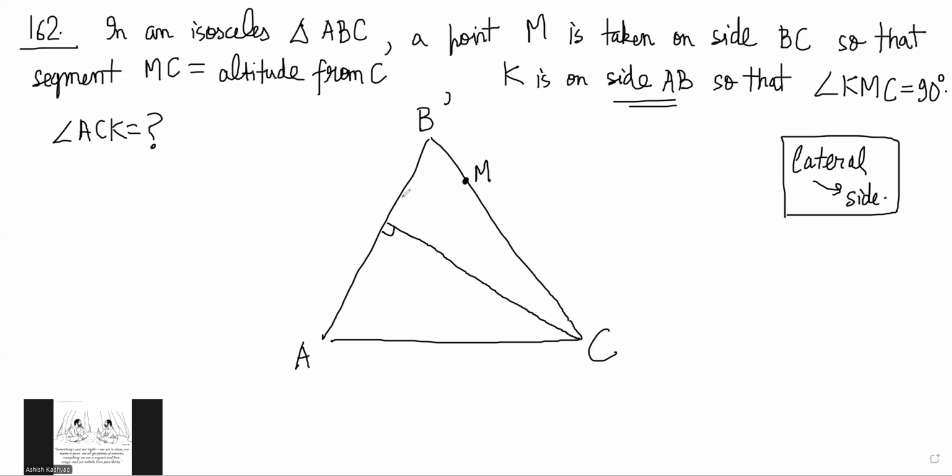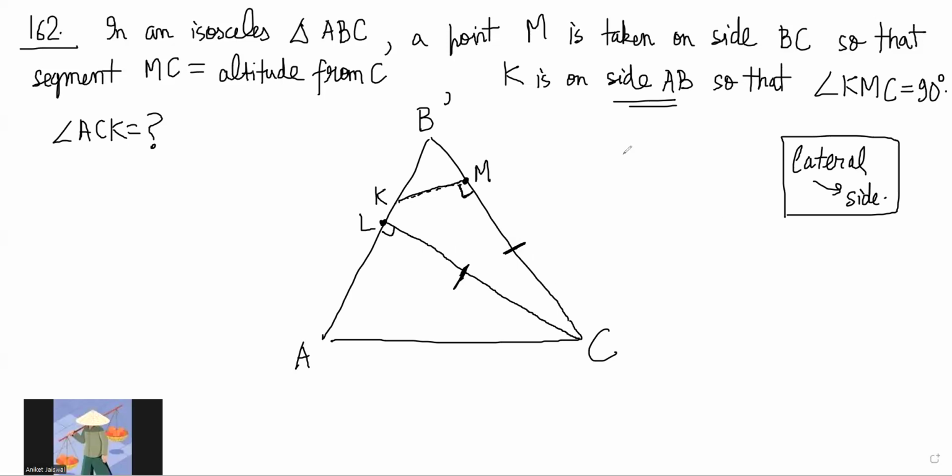So maybe here we can take K. This angle should be 90, right? Let's call this point L. So L is the foot of the perpendicular of the altitude from C. K is a point on AB such that KMC is 90 and M is such that MC is equal to LC, right? This distance is equal to this distance.